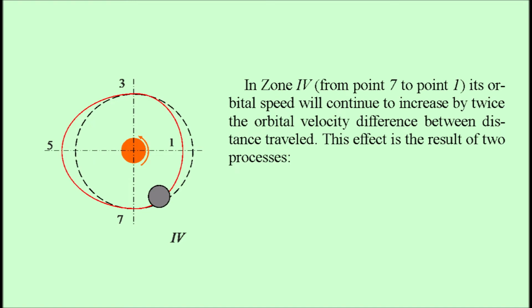In zone 4, from point 7 to point 1, its orbital speed will continue to increase by twice the orbital velocity difference between the distance traveled. This effect is the result of two processes.